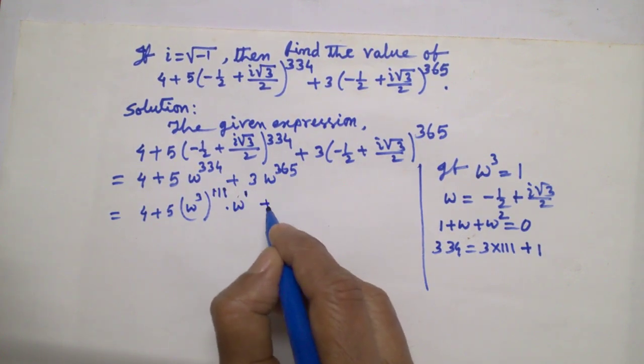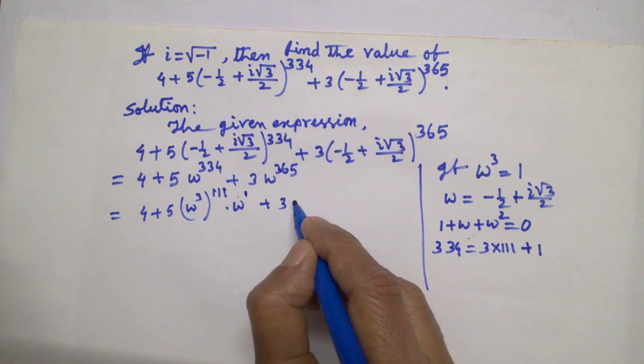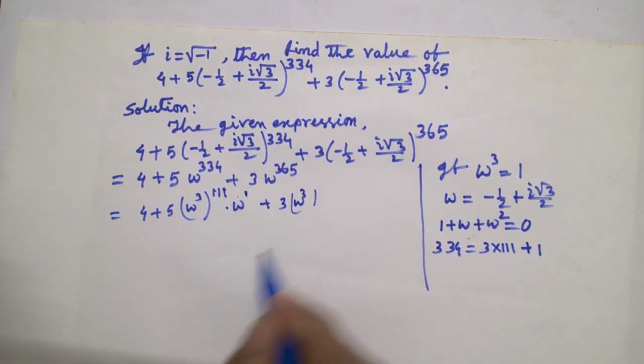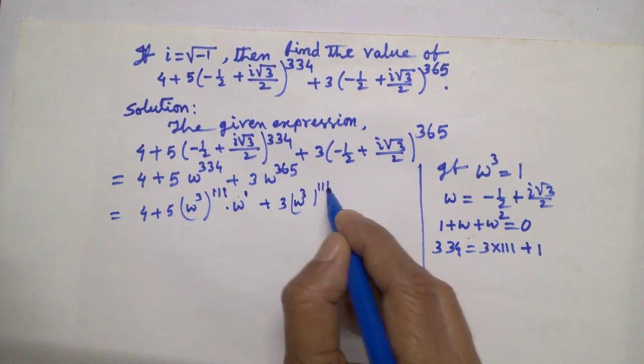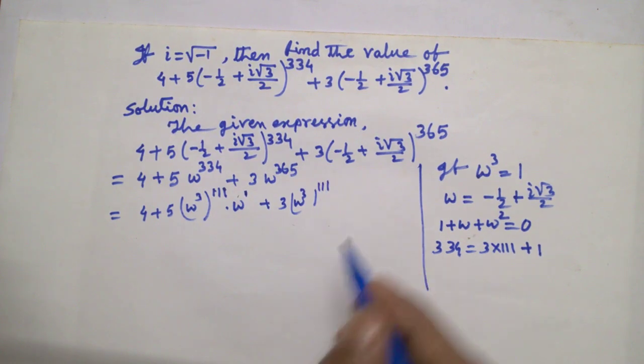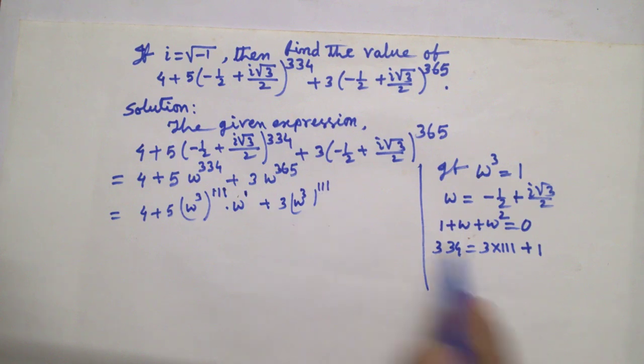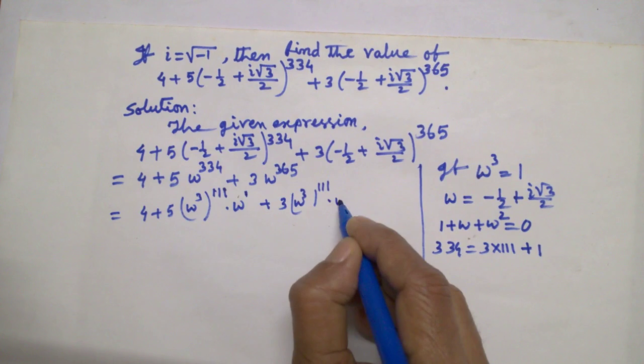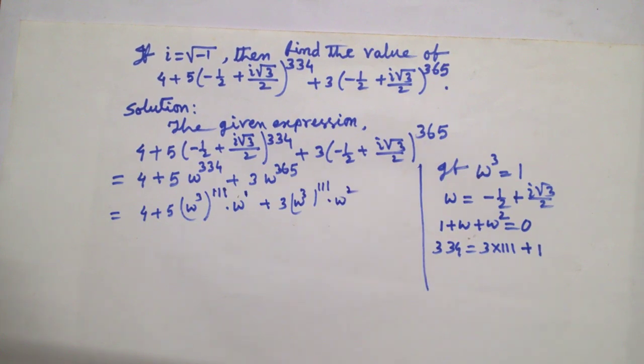Similarly, we may write 3 (omega cube) to the power 121 into omega square, in the same way 365 is 363 plus 2, so writing this omega square.